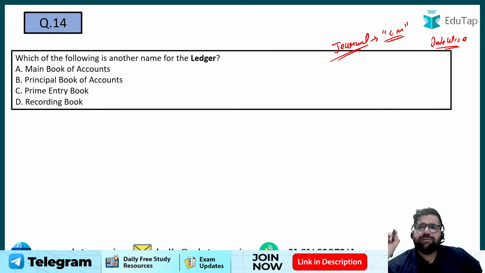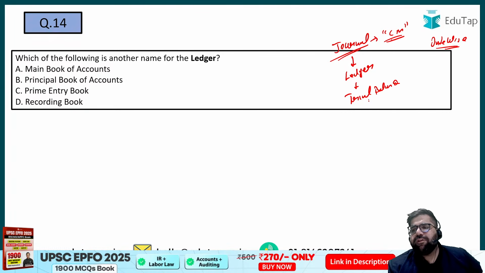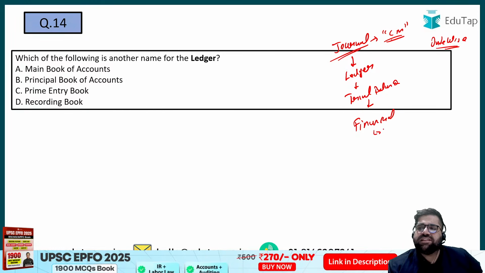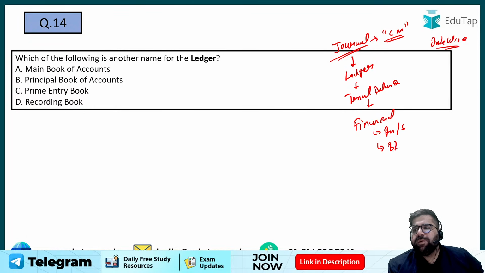After journal, you will be recording in ledger. From ledger, you will be preparing your trial balance. Right, from trial balance, you will be preparing your financial statements. In financial statements, the first statement you prepare is income statement. Then you prepare your balance sheet, and in the end, you prepare your cash flow statement also. So this is the journey of accounting.